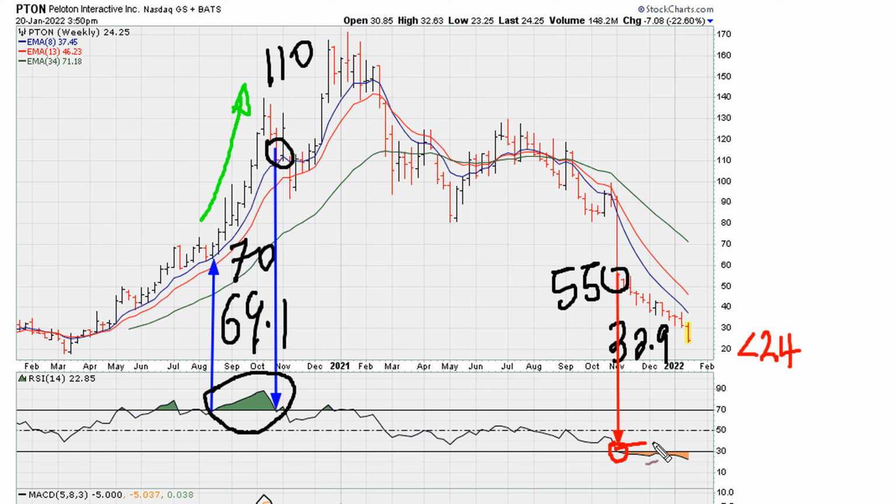This is a trap. This is not where you want to buy a stock. I know it seems tempting, but this is extreme bearish momentum. If you really want to find an entry, at the very least, wait for it to move back above RSI 30.9 at the very worst.